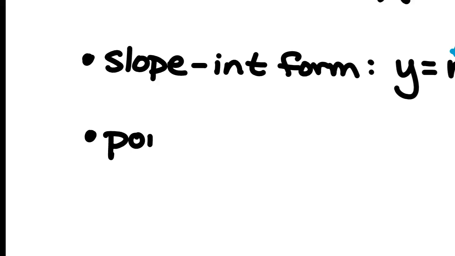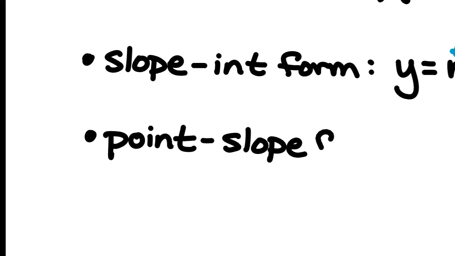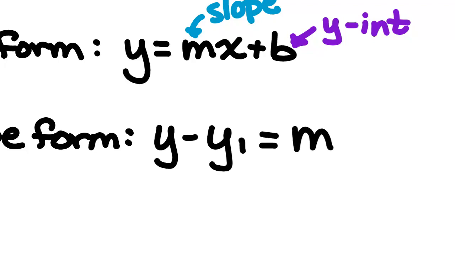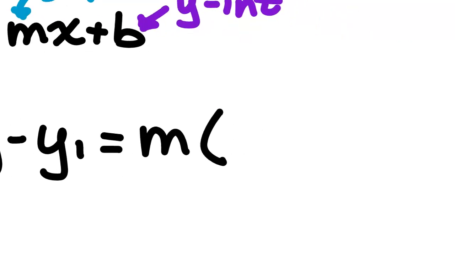We also learned point slope form. Y minus y1 equals m, and then parentheses x minus x1.